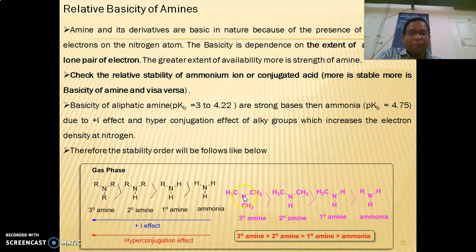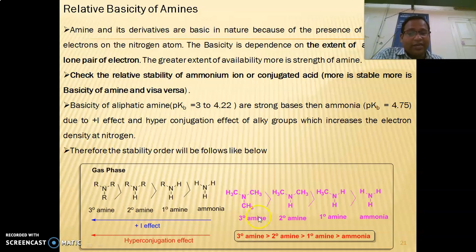Due to the three methyl groups bonded to the nitrogen, the methyl groups act as electron donating groups and donate electrons. The electron density on the nitrogen increases and the extent of donation is greater. Because of that reason, this is called the inductive effect.